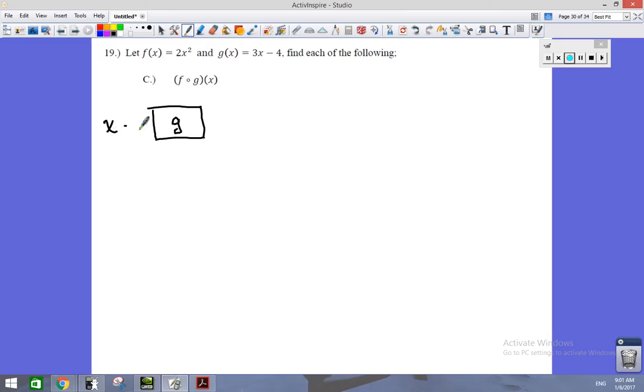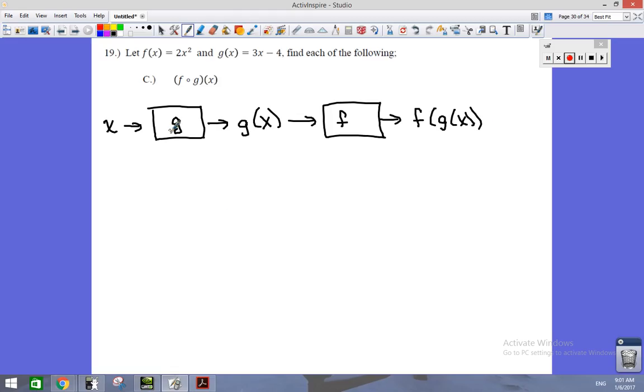And this time the input is x. The output is g of x, and that becomes the input into f. And this is f of g of x. So what is g going to do with this x? Well, it tells me right here what g does with this x. If the input is x, the output of g is 3x minus 4.